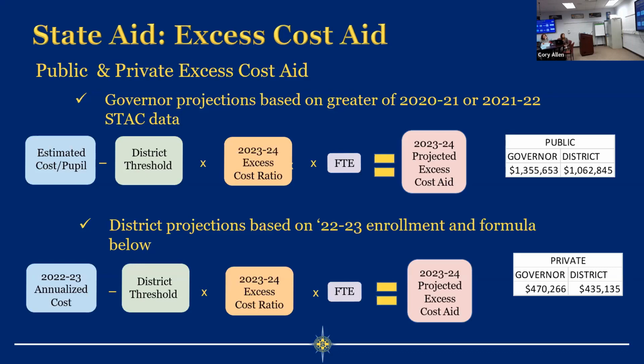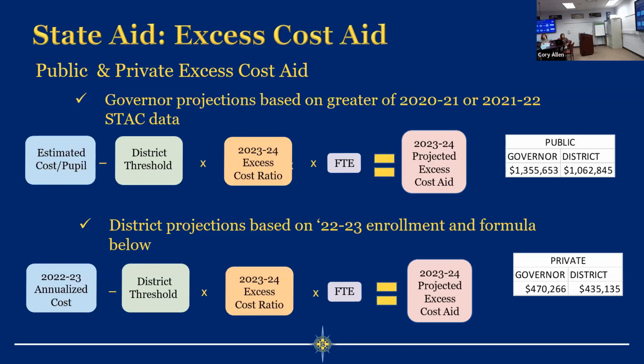So when the group leaders go look at the drop down, the first line is going to be public excess cost aid. Those two numbers are at the top. In this particular scenario, the 1.3 million is based on the governor's formula or the legislative. The district portion is based on who we currently have listed in the 22-23 programs that qualify for public.